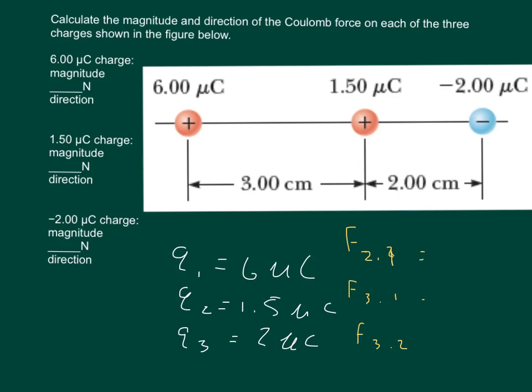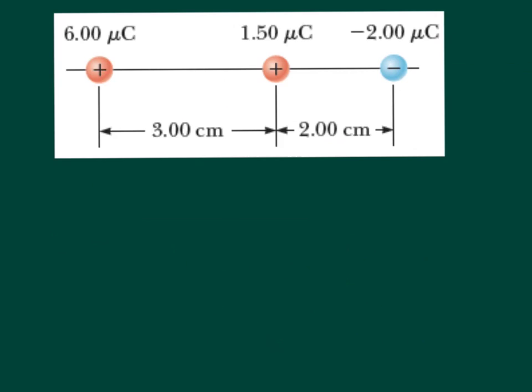We can figure out what each of these are, and if we knew what the force of 2 on 1 was, the force of 1 on 2 is equal and opposite. So we just have to calculate three forces and then arrange them, adding and subtracting, the way we like. So let's go ahead and figure out what each of the forces are.